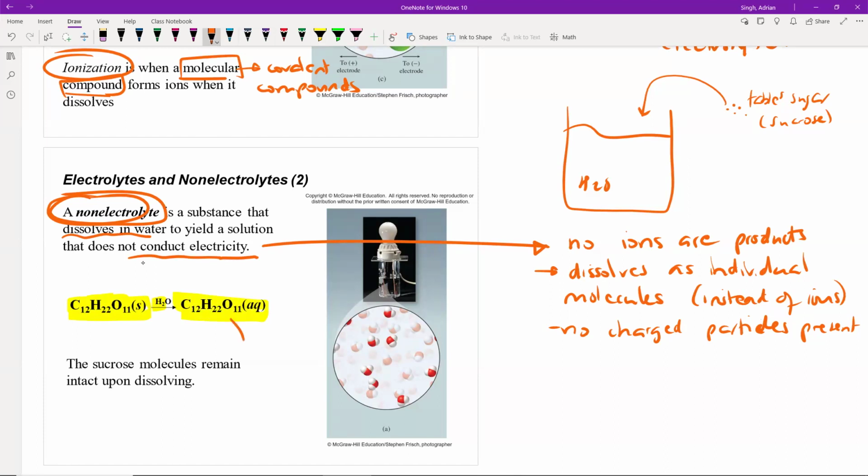So these here are sugar molecules that are now dissolved in water, and these sugar molecules are neutral. So they remain intact upon dissolving, they don't split into ions, and as a result, there are no ions present in here. So the bulb stays unlit, doesn't conduct electricity, so we call it a non-electrolyte.